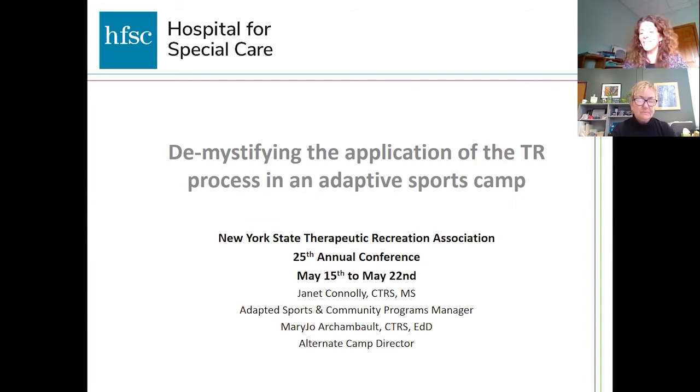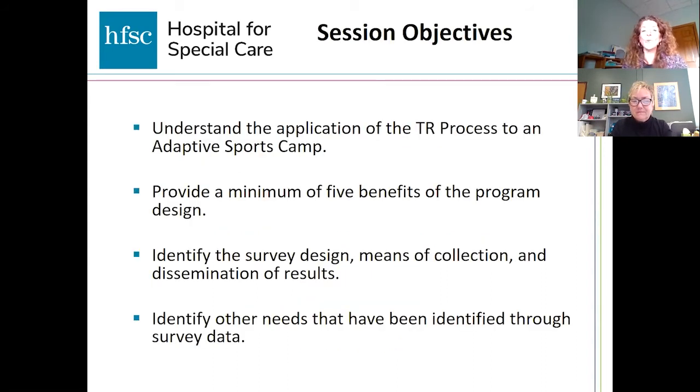So we do have a few session objectives. Our first one is for all of you to really understand the application of the TR process to an adaptive sports camp. Additionally, we want to provide a minimum of 5 benefits of the overall program design.